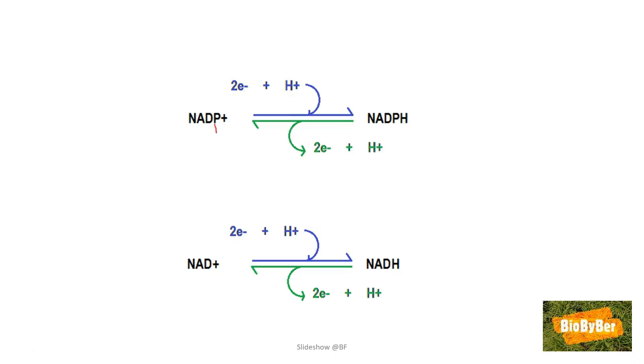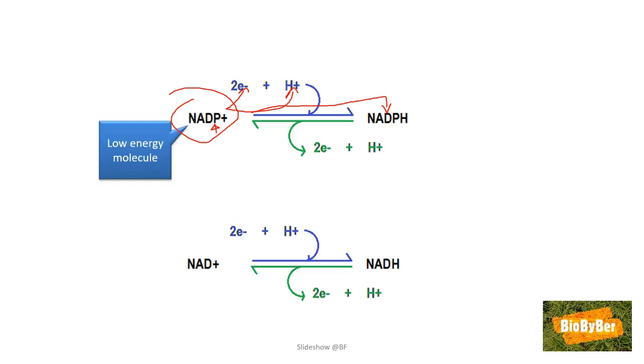NADP+ takes part in photosynthesis. Remember the P here. NADP+ can pick up 2 electrons and a proton or a H+, and it is converted into NADPH. NADP+ is a low energy molecule.